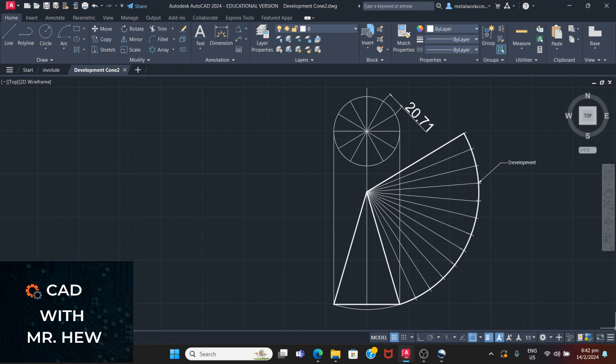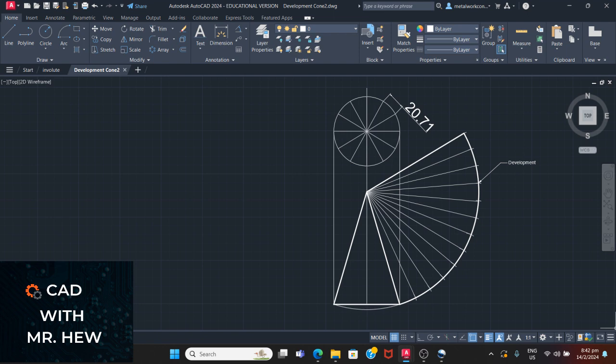All right, so we're going to darken the front elevation for the cone, which is represented by a triangle. I'm going to draw the arc. Here it is.